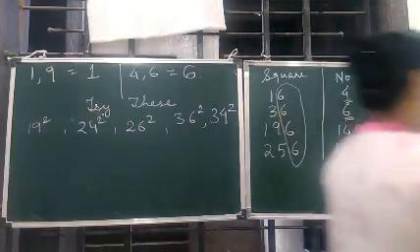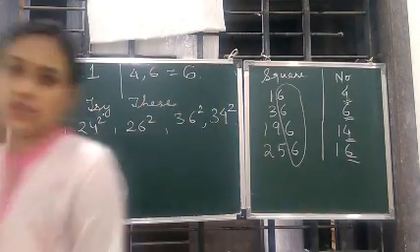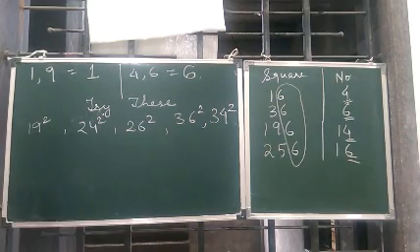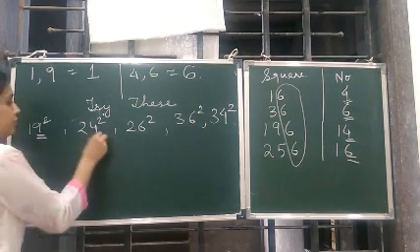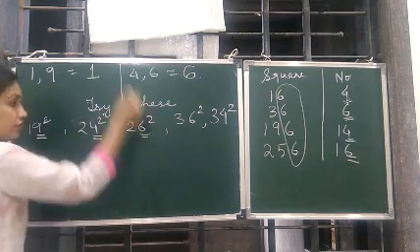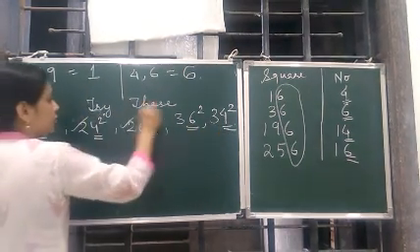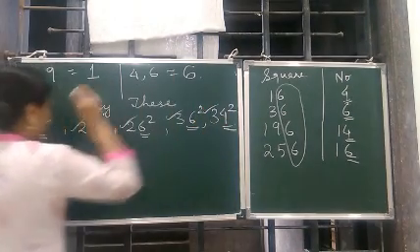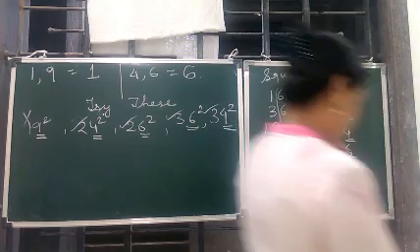Whose square will end with digit 6? Whose last digit is either 4 or 6? So this will end with 1, we have studied. This will end with 6, this will also end with 6, and this also. So you can either put a tick mark or write yes, yes, yes. And here you can put a no.